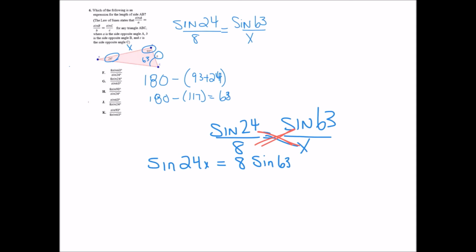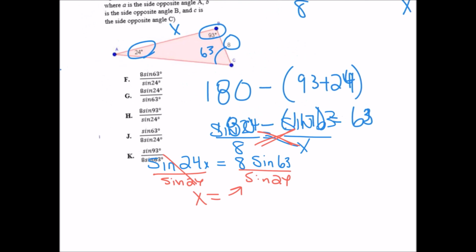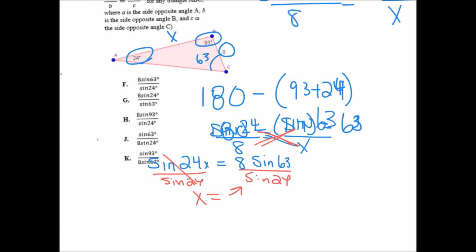Remember, we're trying to find out what x is, so divide both sides by sine of 24 to get x by itself. And these cancel out over here, leaving us with x equals 8 times sine of 63 over sine of 24. So the correct answer is F.